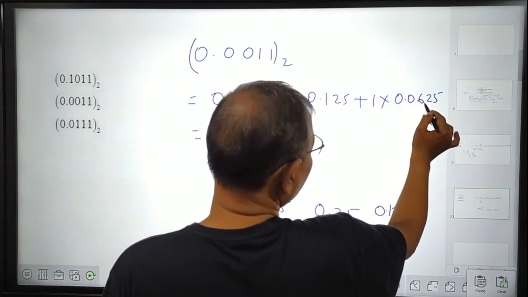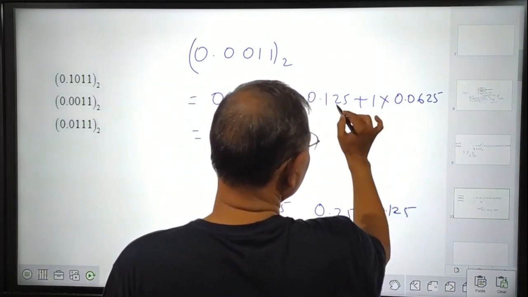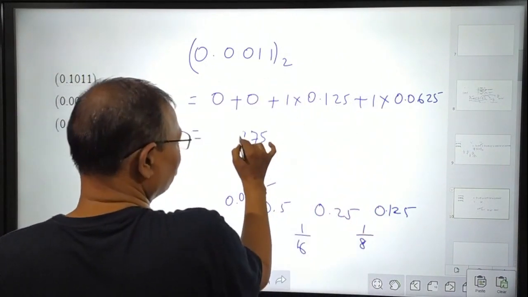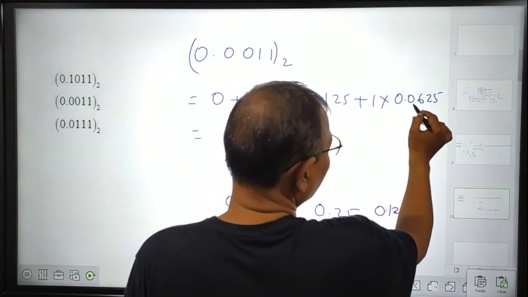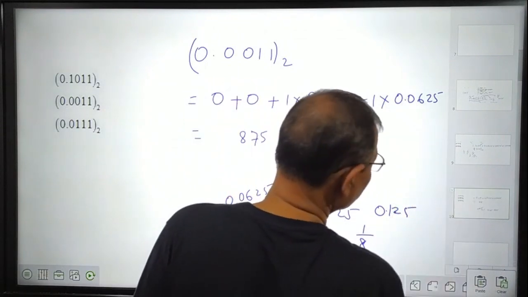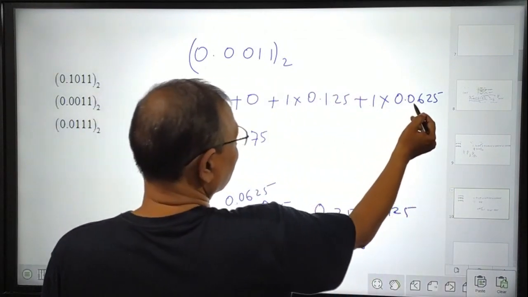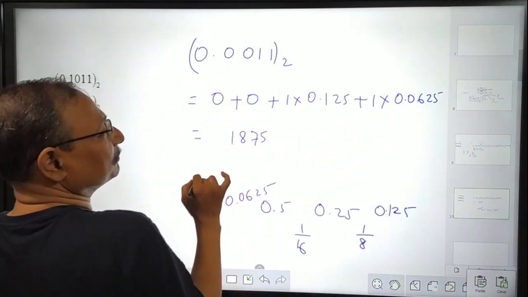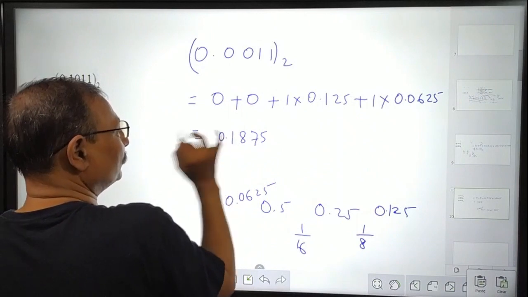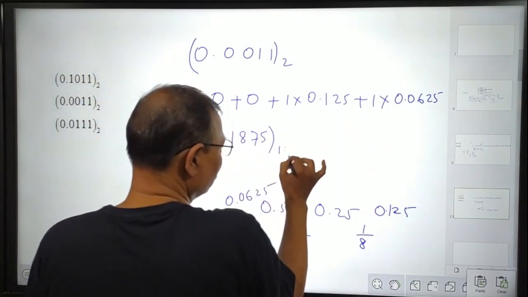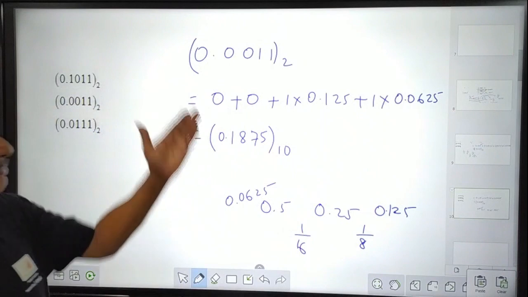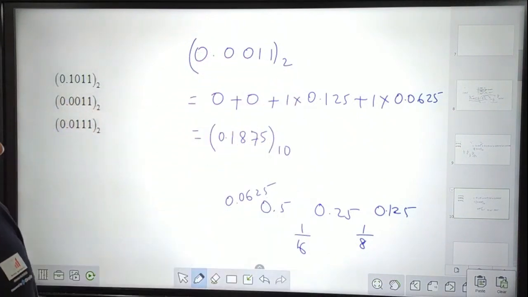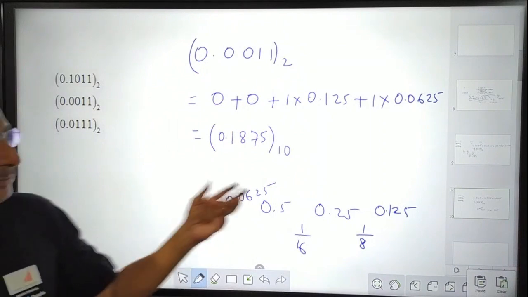This is the second digit after the decimal point, and here we have 2, so these two added together give 8. And this is the digit just after the decimal point, that is 0, and this one is 1. If they are added together, then we will get 1. So this binary fraction is now converted into decimal, and that is equal to 0.1875.